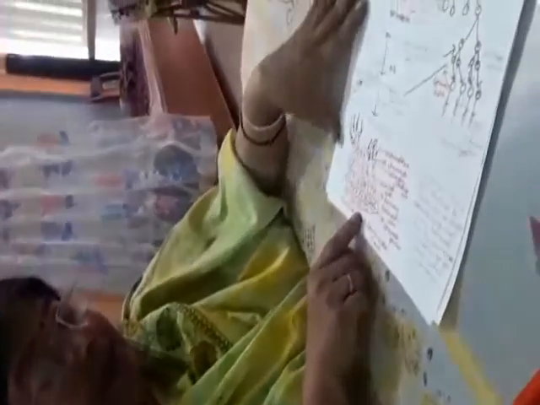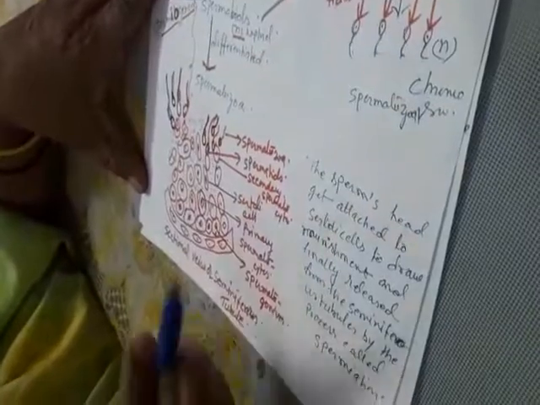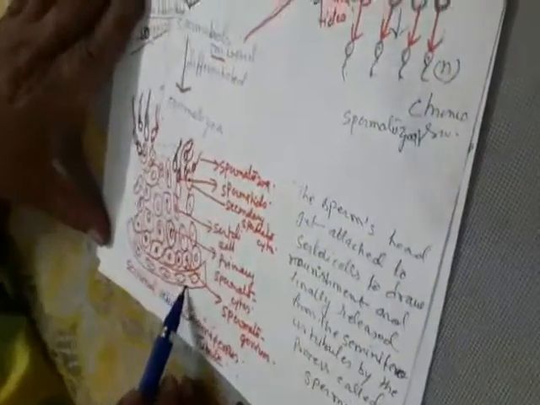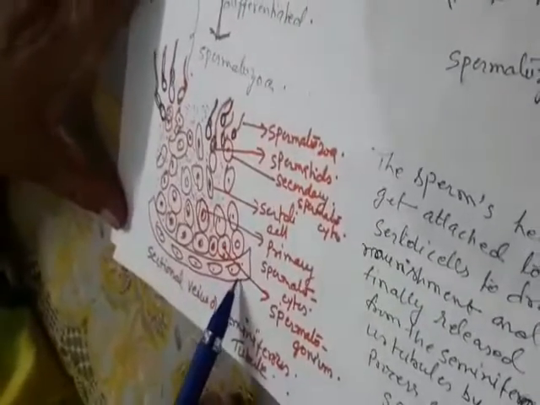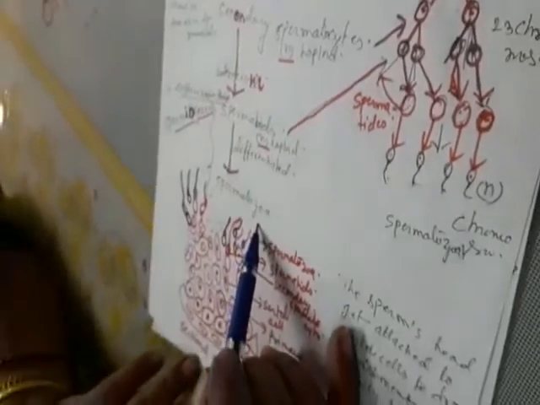In the previous video, we discussed gametogenesis in males. Now, this is a sectional view of the seminiferous tubule. This portion is known as spermatogonium. According to this flow chart, spermatogonium leads to the formation of spermatozoa.